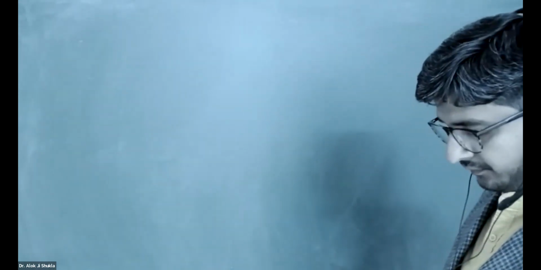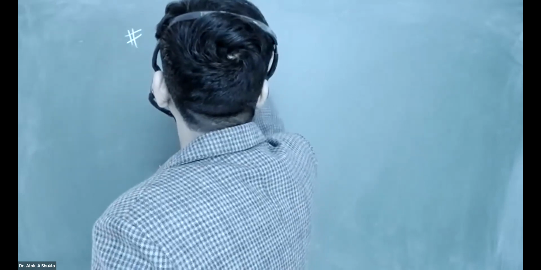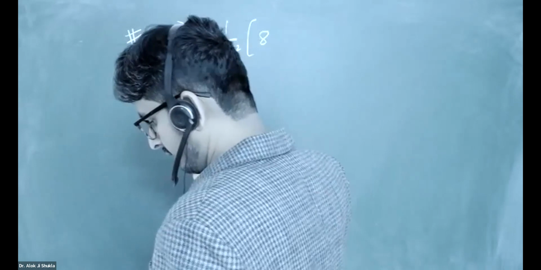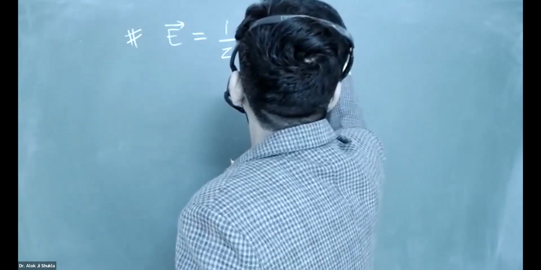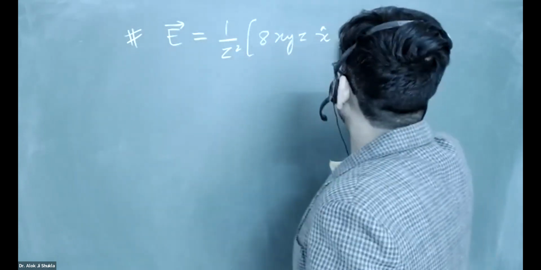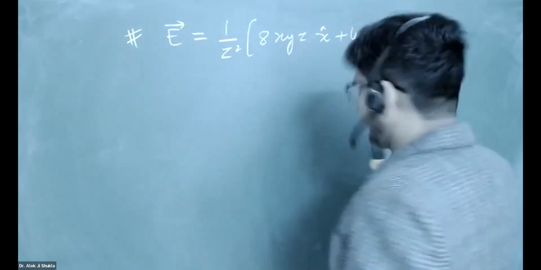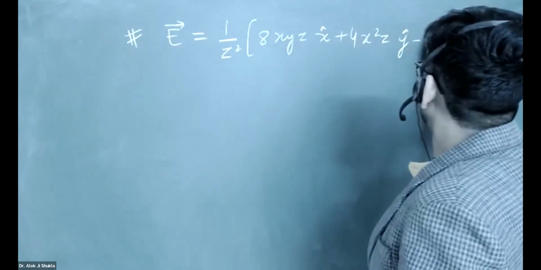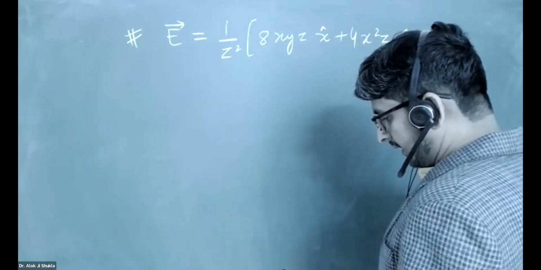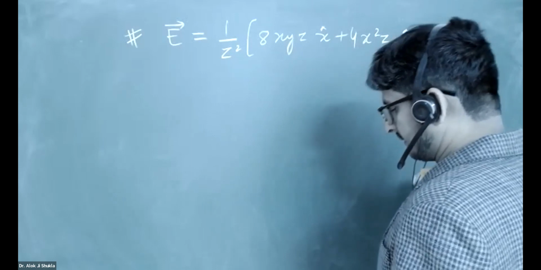एक और बहुत ही अच्छा क्वेश्चन है, लिखो जरा। The electric field capital E for a system of charges is given by E is equal to 1 by z square, 8 xyz x cap plus 4 x square z y cap minus 4 x square y z cap.